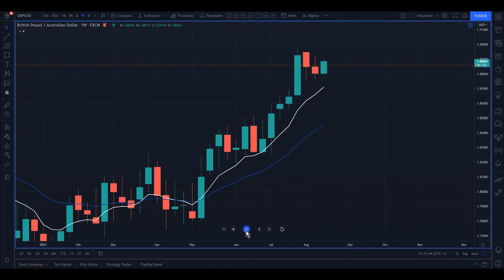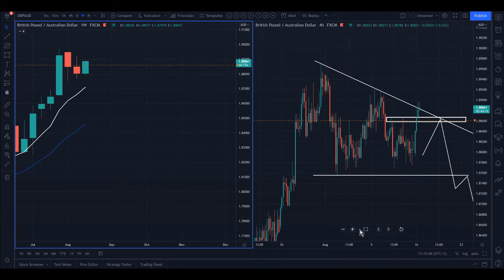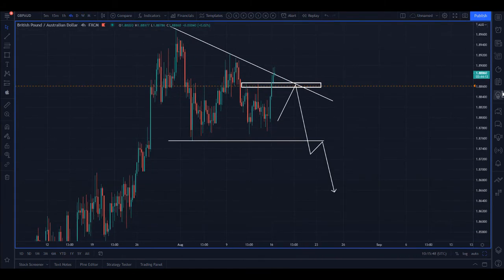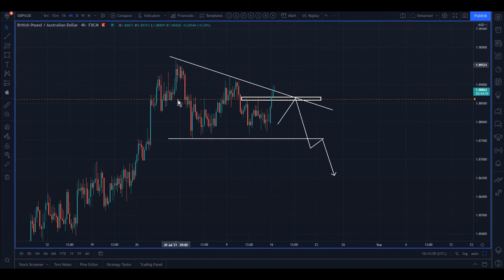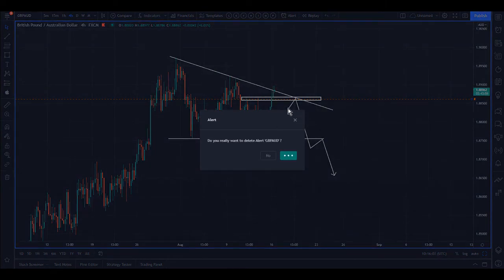So just looking at the 4 hour, you can actually see a triangular structure here making lower highs and a little bit of support here. Originally I was looking for price to come into these highs here, and can delete that now and have a push down.